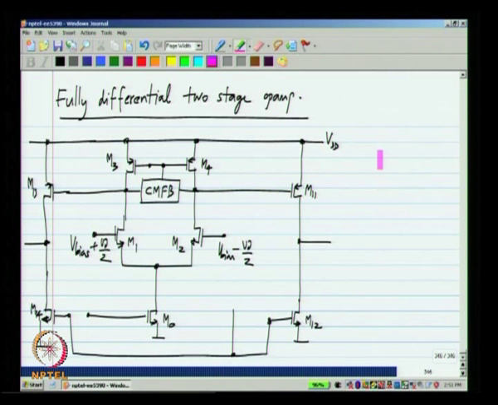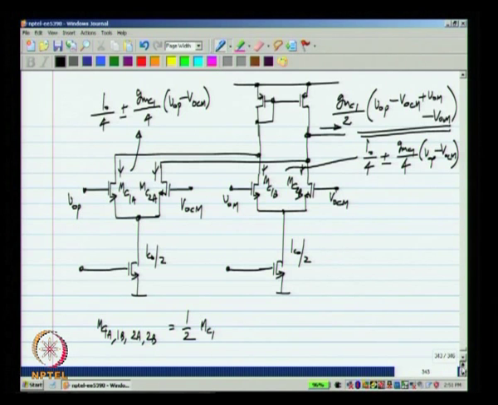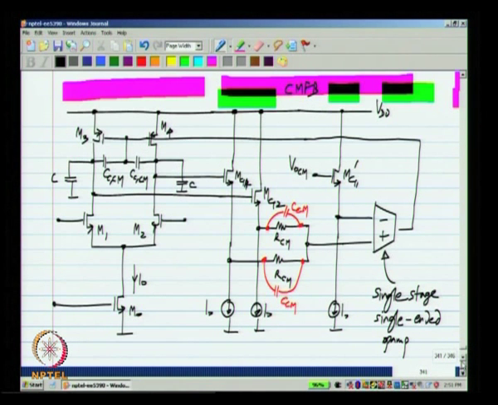Okay. Now, only thing to figure out is what the output common mode is stabilized to, that is the value of VOCM. Now, before, let us say we had this particular circuit, in this case the output common mode voltage will be equal to VOCM.